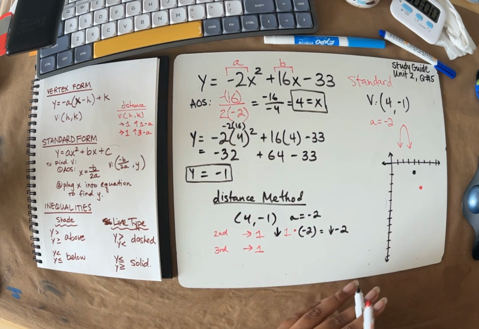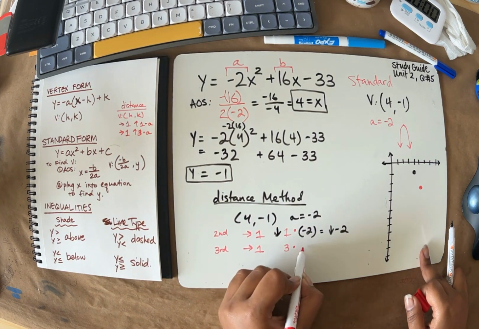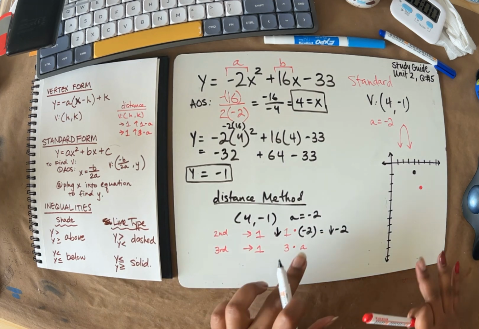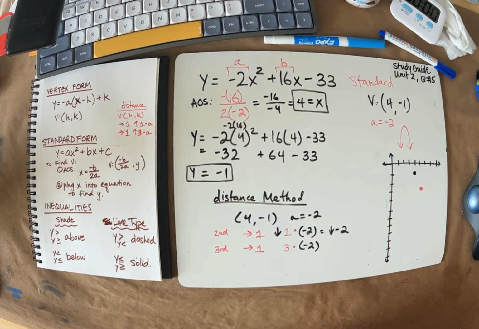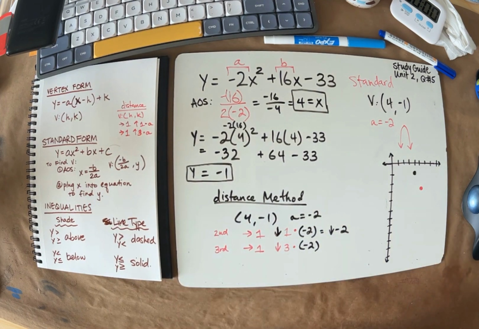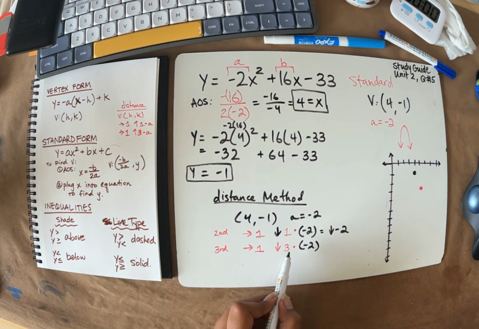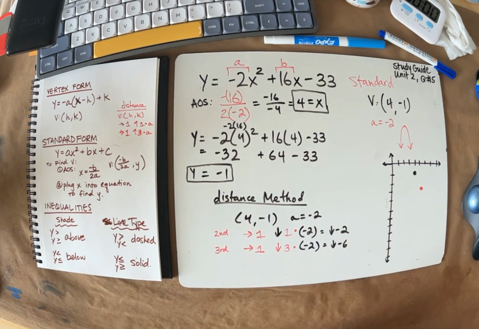Always. And then I am multiplying my y value by 3 times my a value. My a value again is negative 2. Negative means that I'm going downward. So I'm going down 3 times negative 2. So I'm going down negative 6 units.